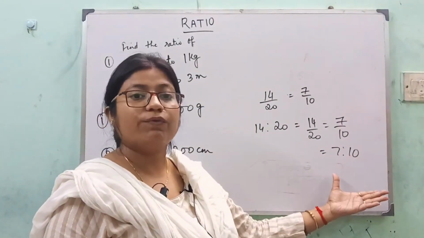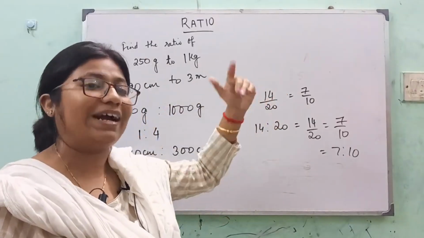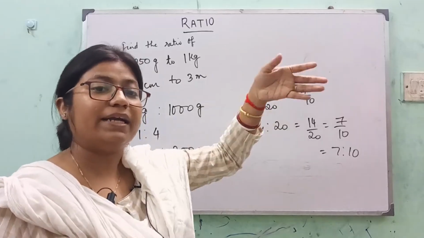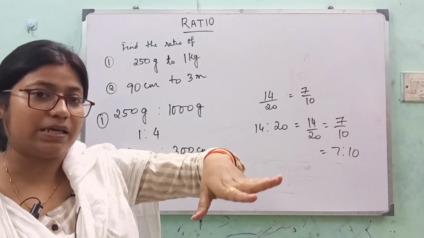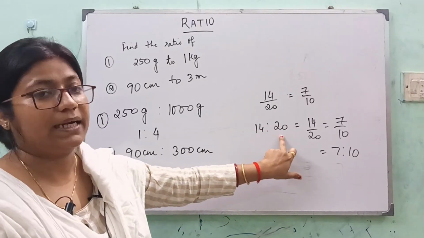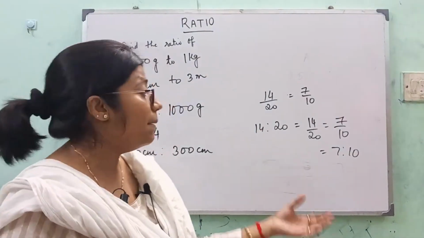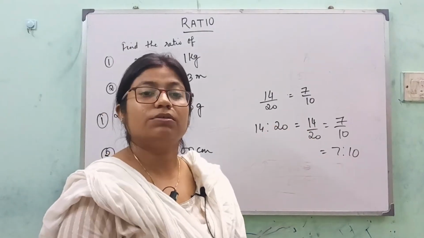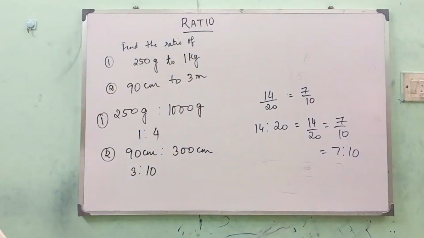By lowest terms, what do we mean? Just as what we meant for fractions: whenever a fraction was given, we reduced it to the lowest terms by dividing the numerator and the denominator by its HCF. Similarly here, for ratio, we divide the first term and the second term, or say the antecedent and the consequent, by the HCF of the two terms, and then we get the ratio in its reduced terms.